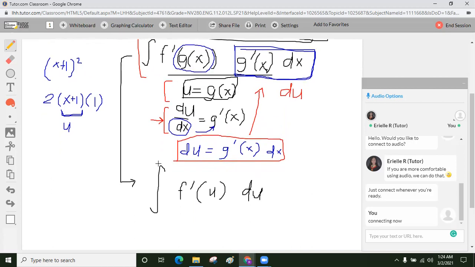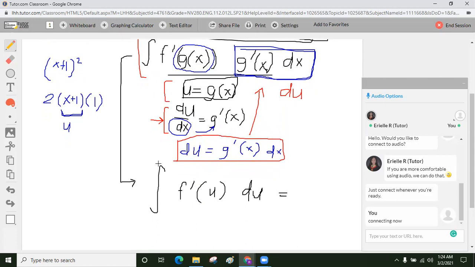So the derivation that we did right here is how the u-substitution works, and this works for any integration formula that we have.